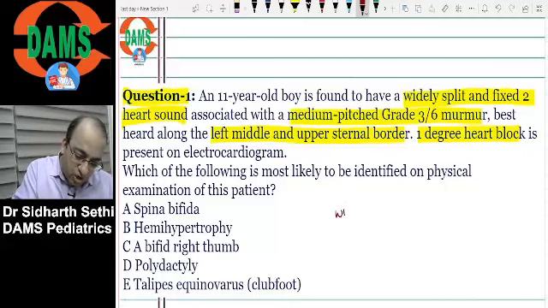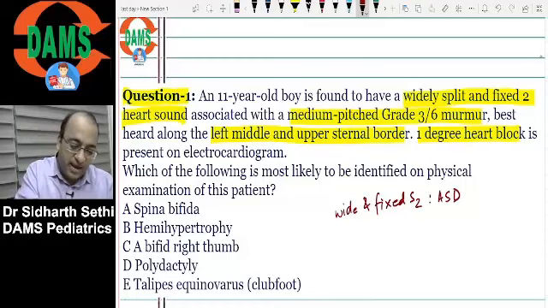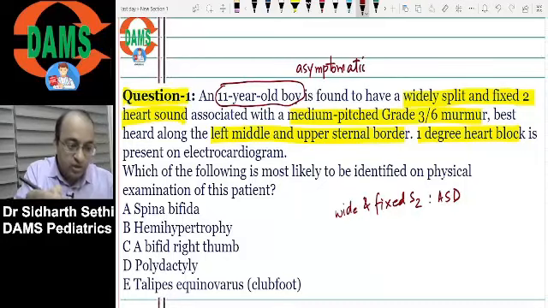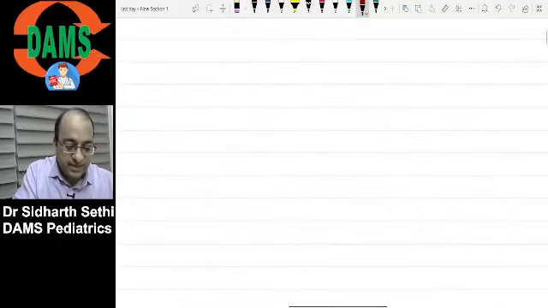So remember, your differential diagnosis in a wide and fixed split of the second heart sound would be atrial septal defect. We have not told you any symptoms. He looks asymptomatic. In an 11-year-old asymptomatic child, you should think about ASD secundum.